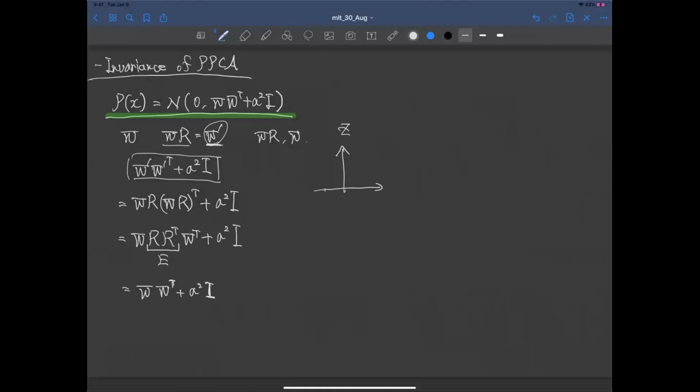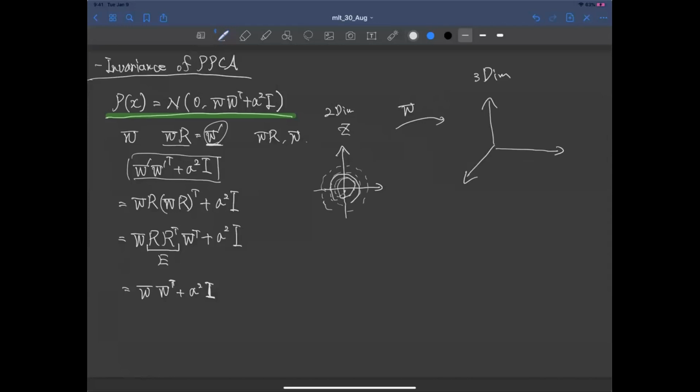Let's say now the latent space is 2-dimension and the observed space is 3-dimension. In 2-dimension, the probability distribution of Z will be a multivariate distribution like this. This is a contour.